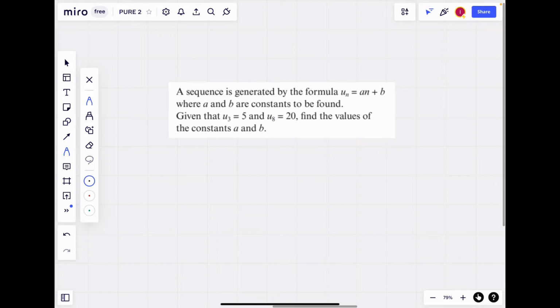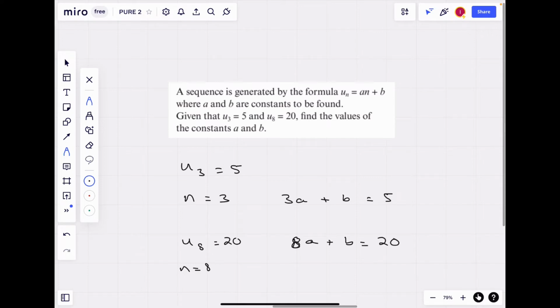Right. So if u3 is equal to 5, that means my n is equal to 3. 3a plus b equals 5. So for u8 equals 20, n equals 8. 8a plus b equals 20.